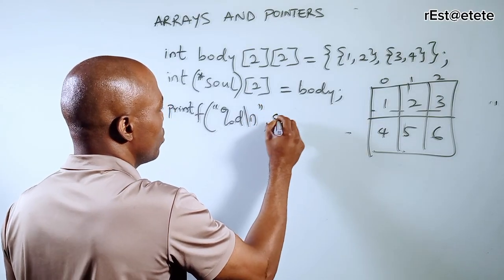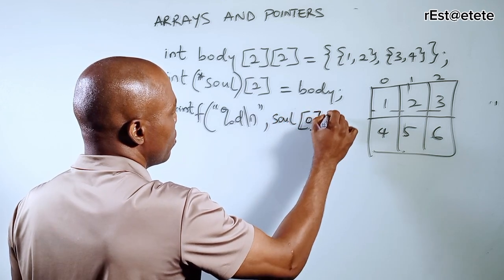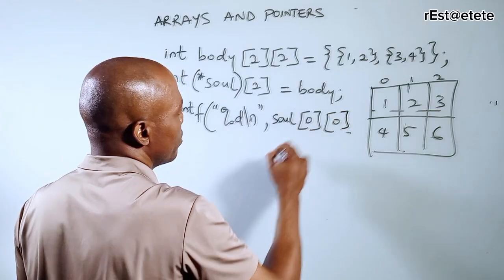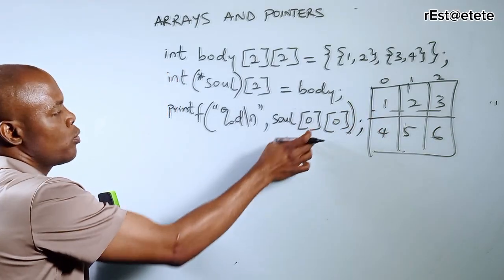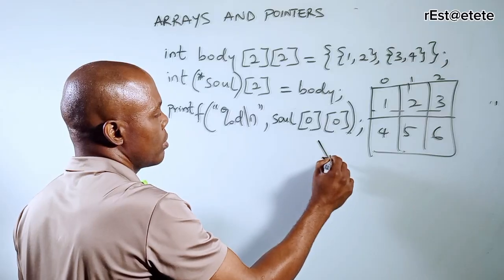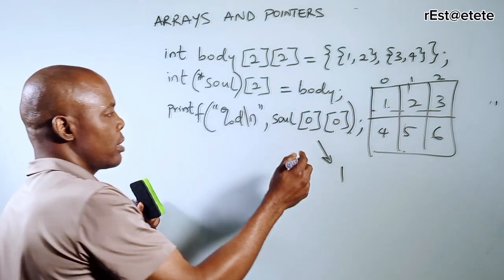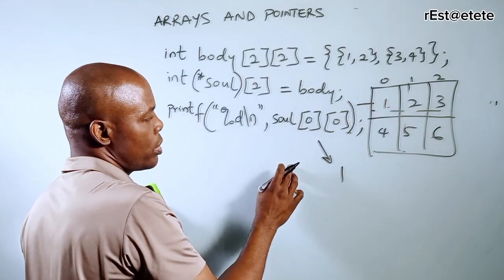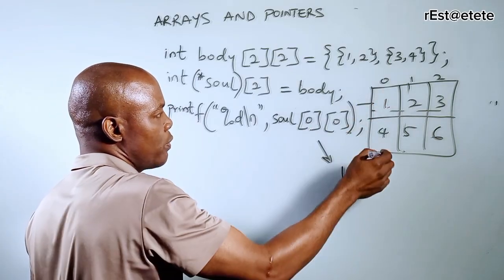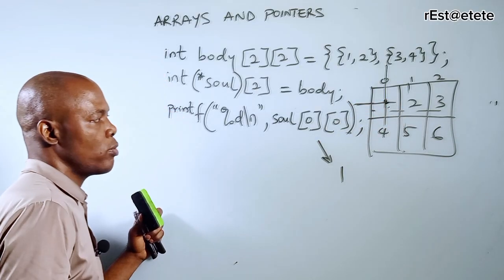In this case, I'm using sol, sol[0][0], right? So this one will print out 1, which is this one, because the row is 0, which is this first row, and then the column is 0, which is this first column. So where this and this meet is 1, so it's going to print out 1.